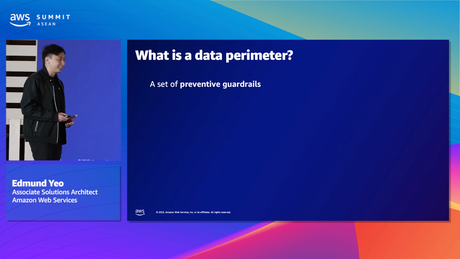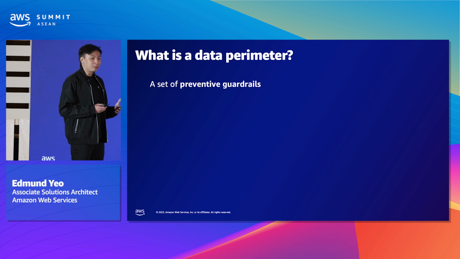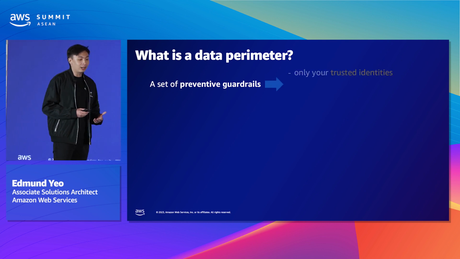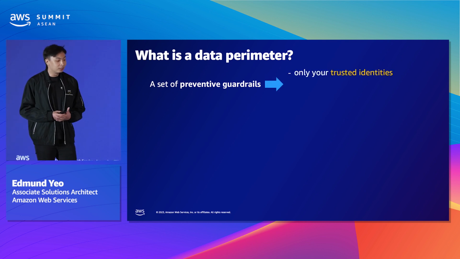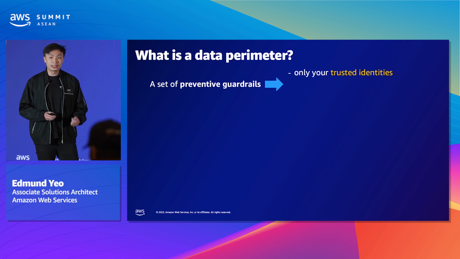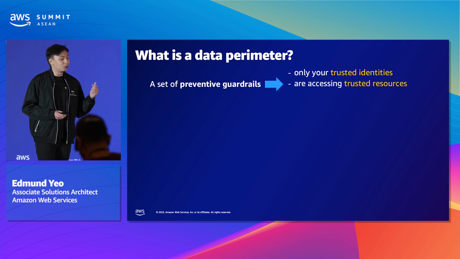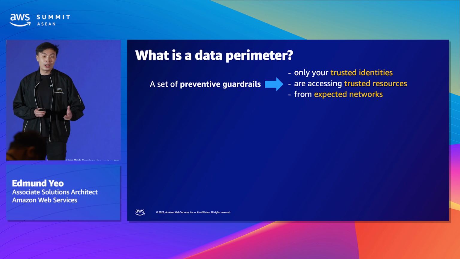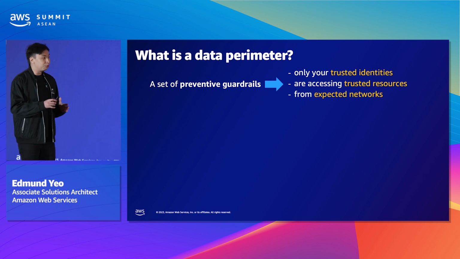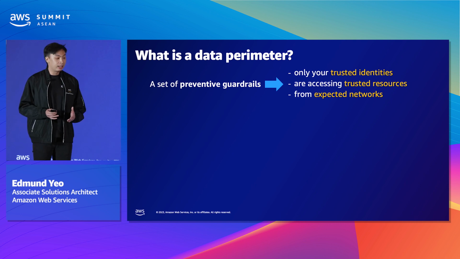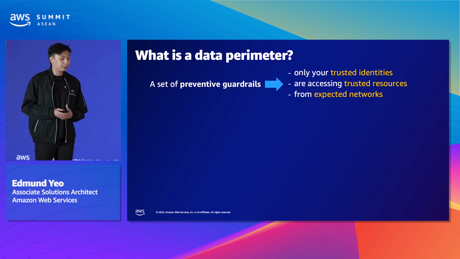So what exactly is data parameter? Data parameter is a set of preventive guardrails in your AWS environment that helps you to ensure that only trusted identities can access only trusted resources and from your expected networks. So this will vary based on your organization's security requirements and the data access needs that you might have.